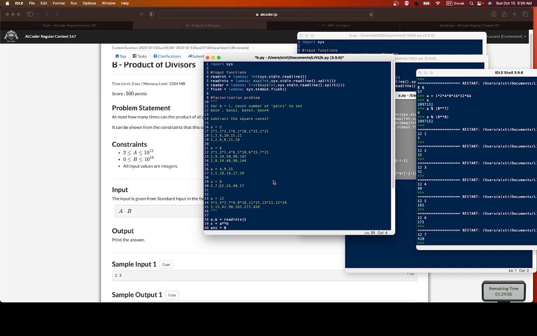I need some sort of way to figure out if... I'm not sure how square numbers... How would square numbers by themselves be interacting here?